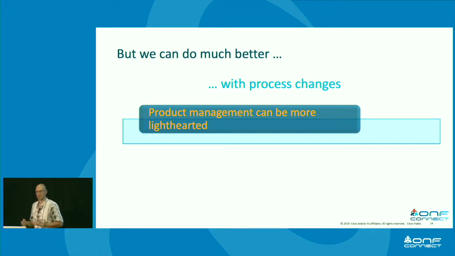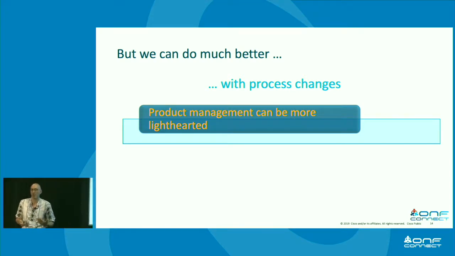Product management in a vendor is very careful as to which features to include in a system. First of all, because the space, the real estate on the ASIC is limited, and secondly, because if they miss one feature or add one feature that was not needed, it's a big damage.